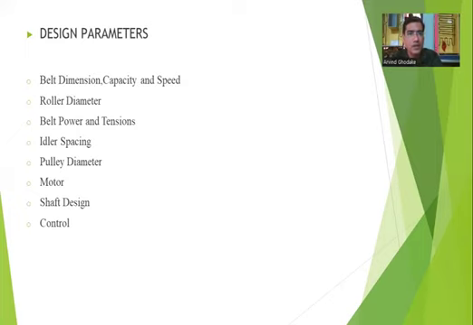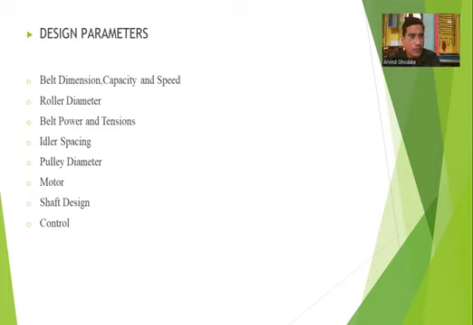Next are the design parameters for the design of the belt conveyor. First is the belt dimension, capacity, and speed of the belt. The second one is the roller diameter, that is, carrying rollers and return rollers, so the diameter is also important. Third is the belt power and tensions. Next is the idler spacing.